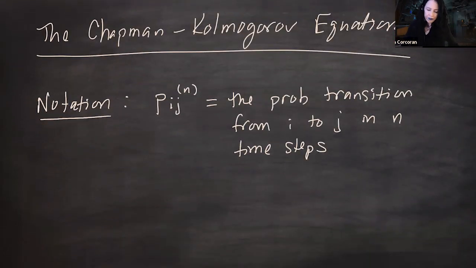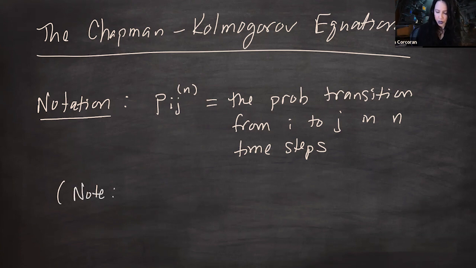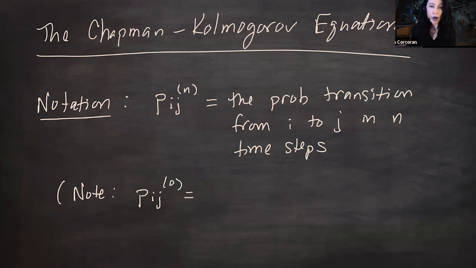Before we state and prove the Chapman-Kolmogorov equations, I just want you to note one thing. This is nicely defined for 0 time steps. That's supposed to represent the probability you go from i to j in 0 time steps, but you're not allowed to move in 0 time steps. And that means that you're still going to be at i.